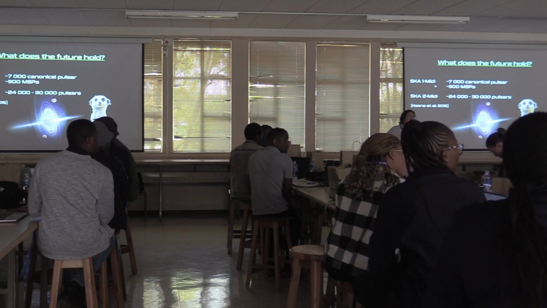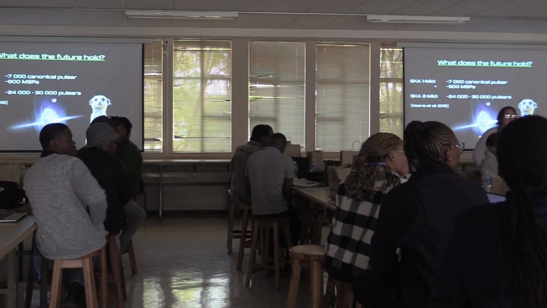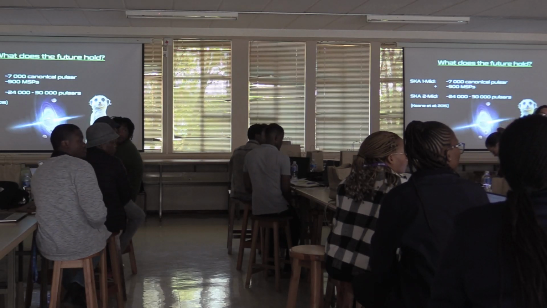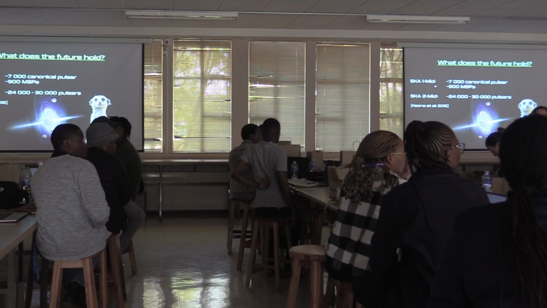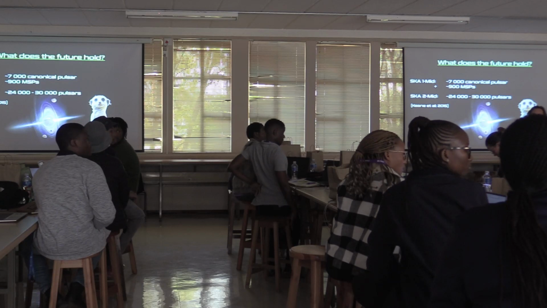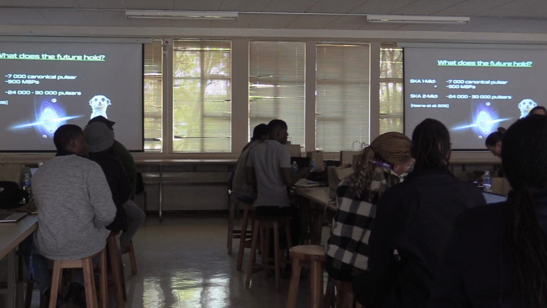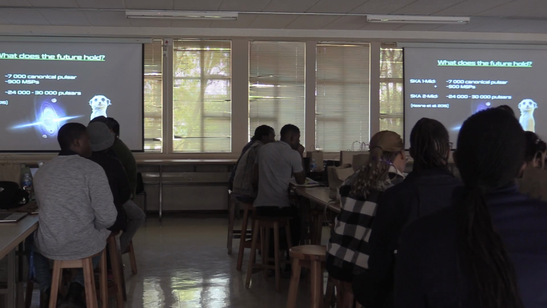Yes. I was just wondering, is there some reason behind the expectation for what proportion of the pulsars we will find will be millisecond pulsars? Is there some kind of physical mechanism explaining that? I think that just comes down to the birth rates we expect for millisecond pulsars.